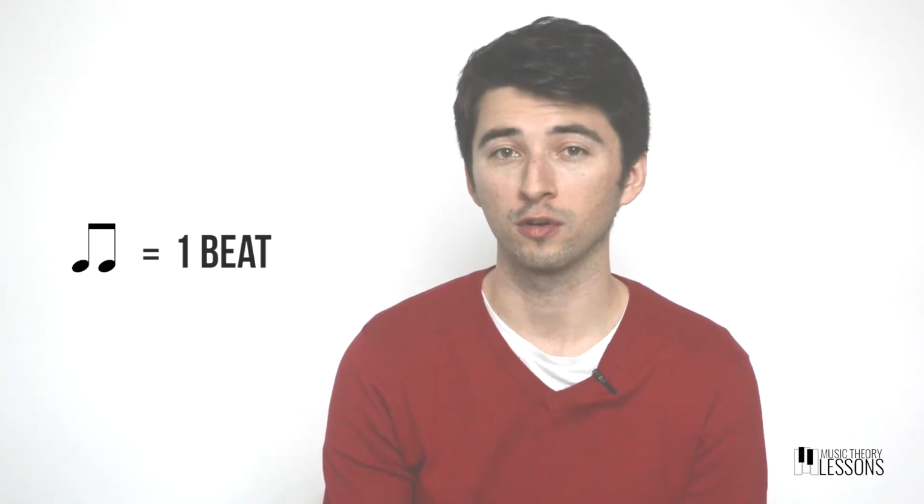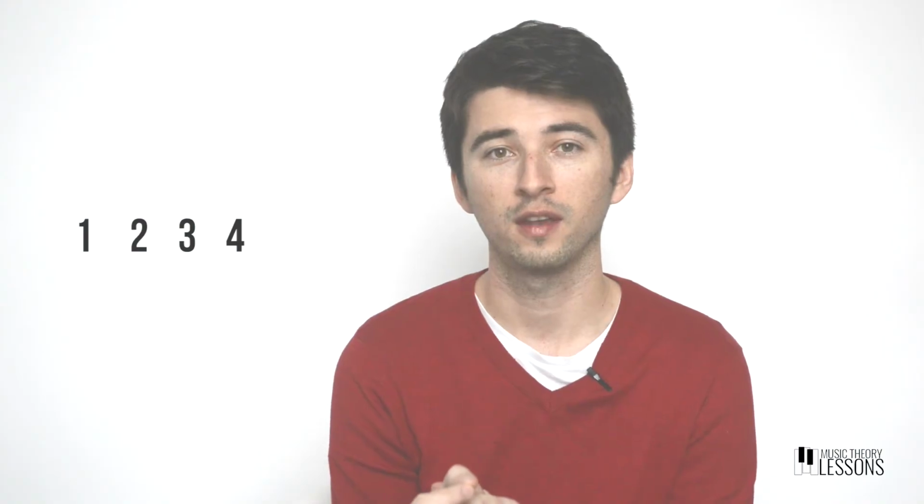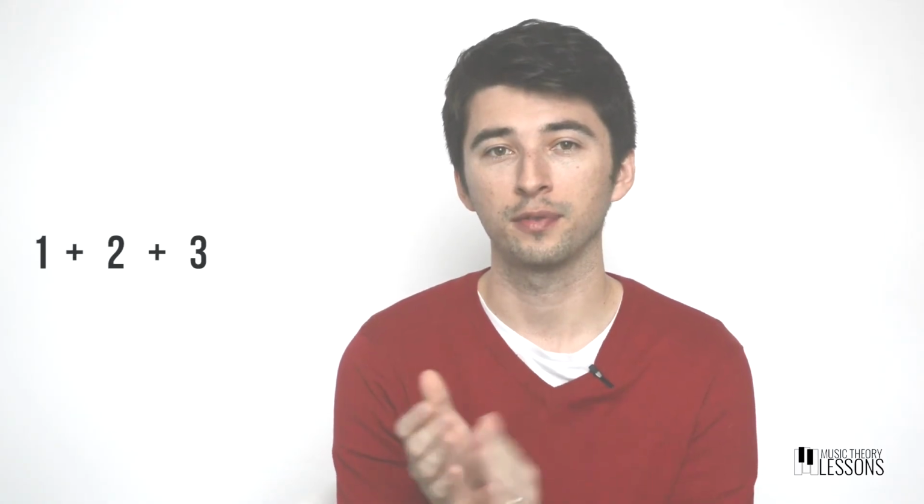Another way of looking at it is that it would take 2 eighth notes to earn the value of a quarter note, or 1 beat. Here's an example. If we had the speed of 1, 2, 3, 4 for quarter notes, then the eighth notes would sound like this: 1 and 2 and 3 and 4 and. That's all there really is to the eighth note.